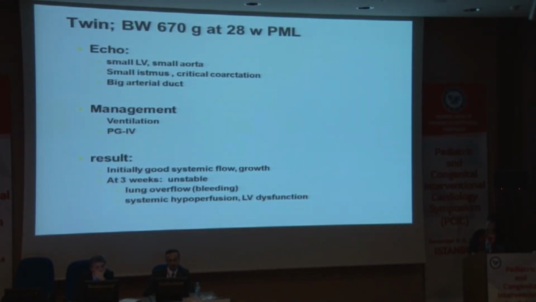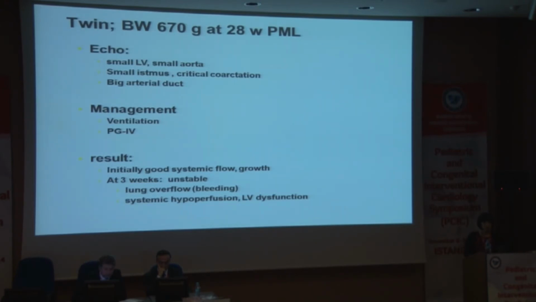The last patient that I want to present is a severely premature baby, birth weight almost 700 grams, that was part of a twin. And after a week or two, when the normal routine echo was done to check for an open duct, it was seen that the left ventricle was small, that the aorta was small, a small isthmus, and that there was a critical coarctation, although there was a big arterial duct.